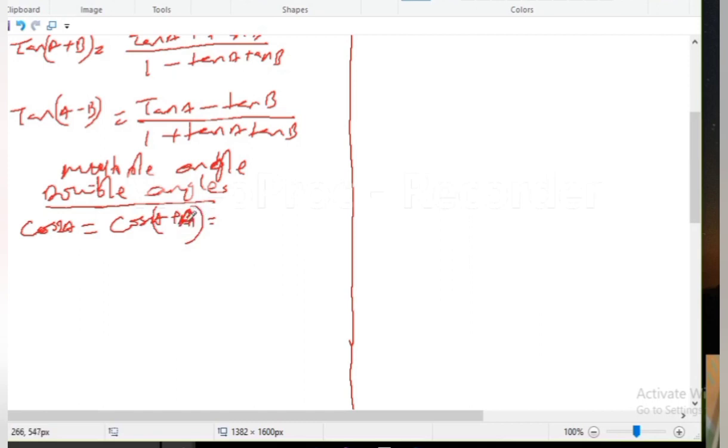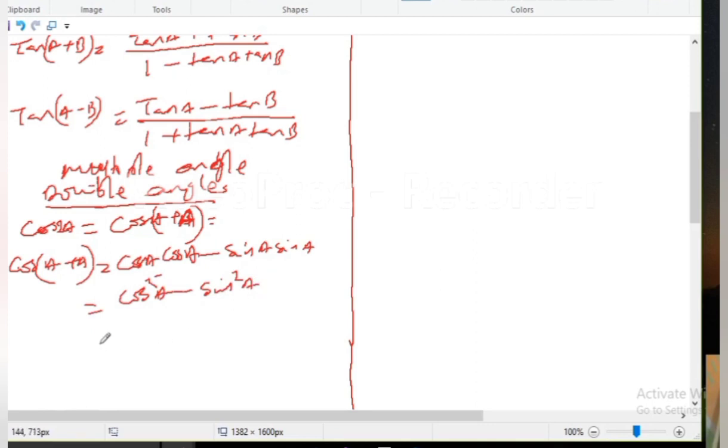For this cos now, this one is going to give you cos A cos A minus sin A sin A. So A times cos A will give you cos square A minus sin square A. So that's it. In trigonometric identity, which I told you then, cos square A plus sin square A equals 1.